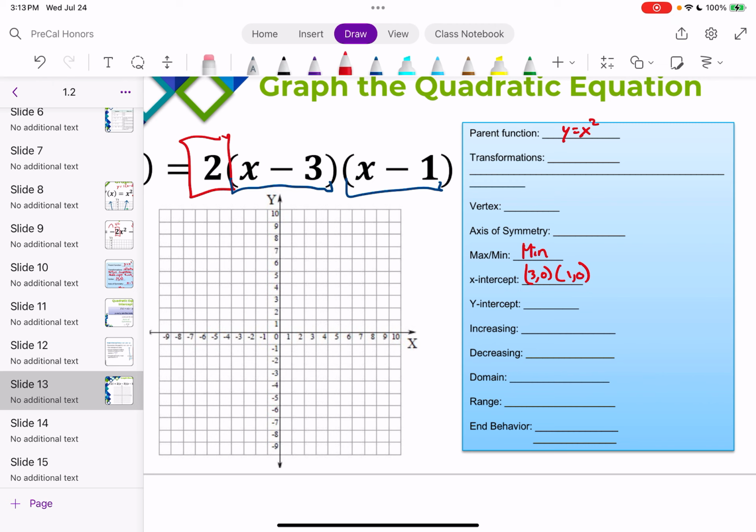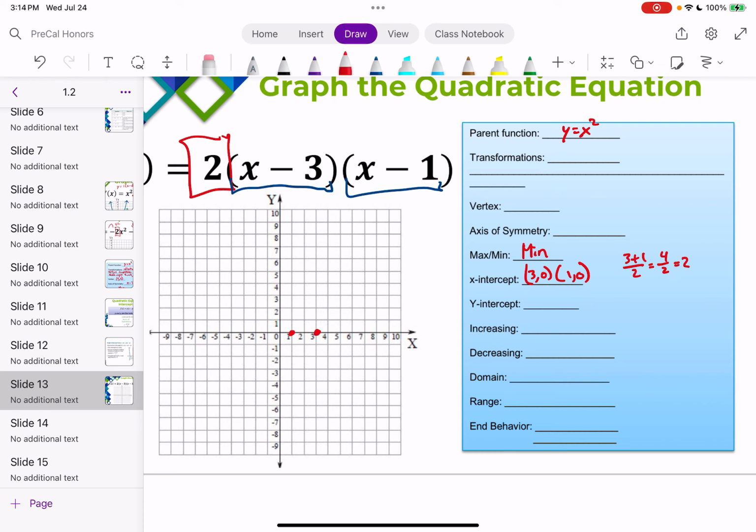We can plot those out. 3, 0, 1, 0. Graphically, we already see that the distance between 1 and 3 is 2. 2 divided by 2 is going to give us 1. We can also just say 3 plus 1 divided by 2, which is equal to 4 divided by 2, which is equal to 2.